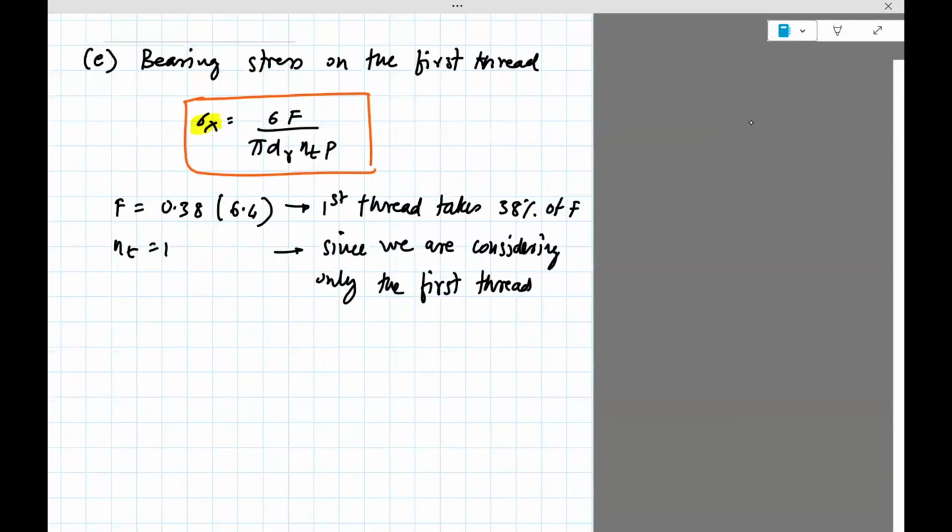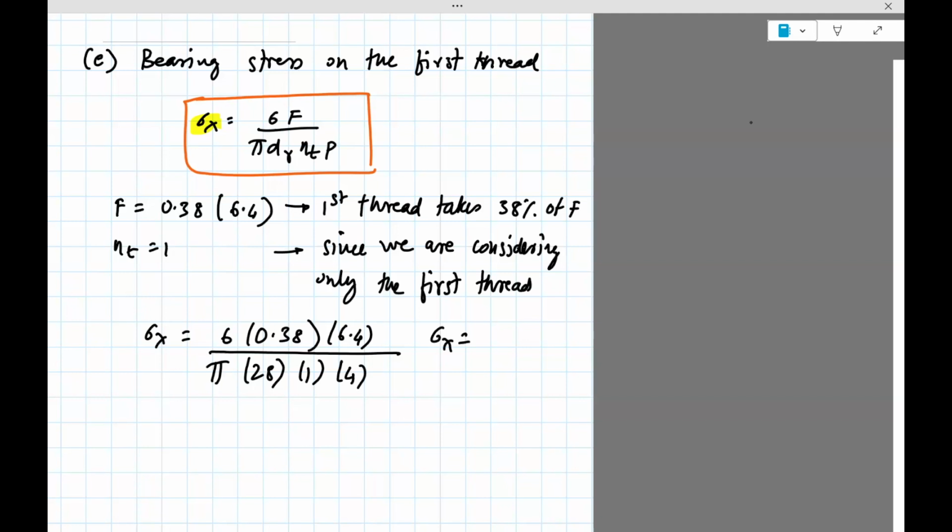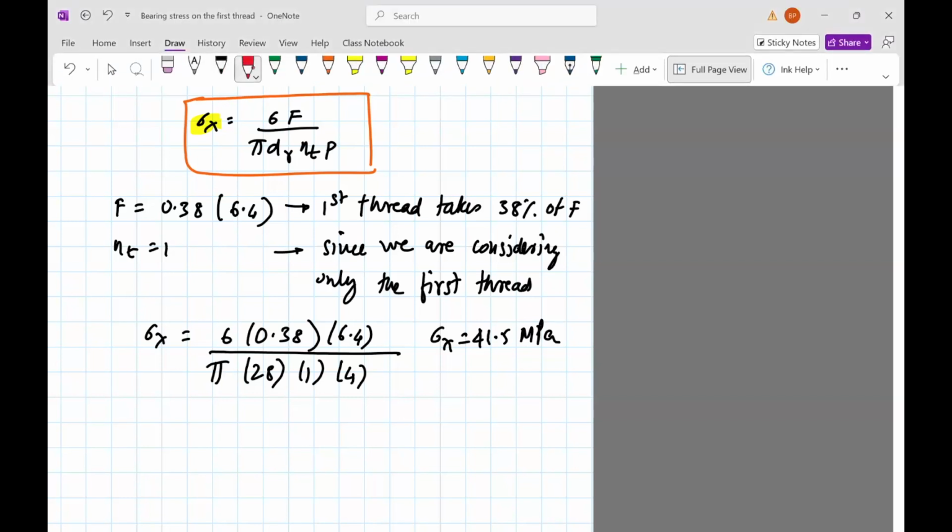And now it's just a matter of putting in the values. 0.38 times 6.4, pi, dr was 28, NT was 1, P is the pitch. I think the pitch was 4. So this gives me sigma x equals 41.5 megapascals.